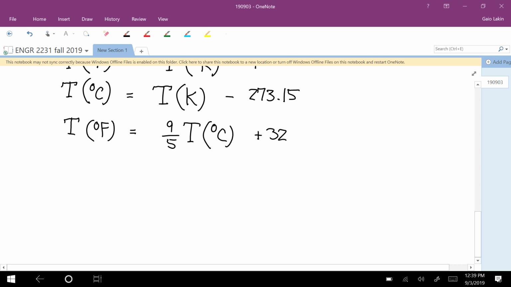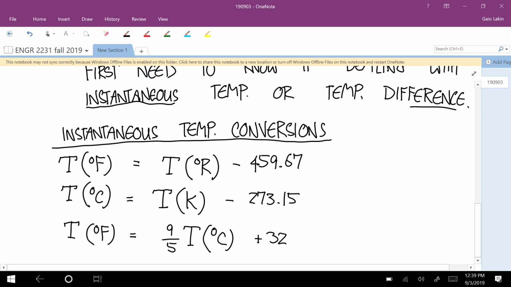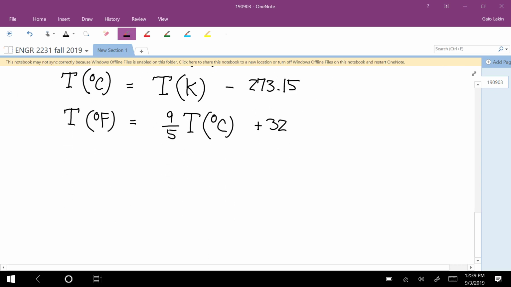If you're talking about temperature difference conversions, so it says something about this gas started at a certain temperature and then its temperature rose 46 degrees, then you're talking about a difference in temperatures.